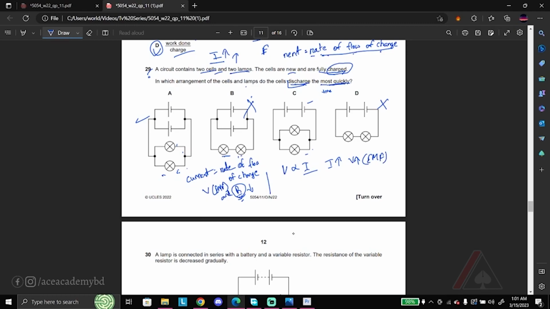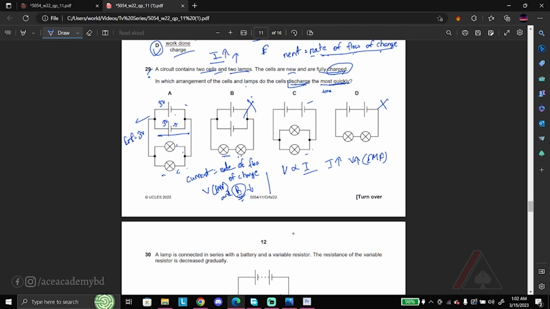Basically, we need the highest possible EMF. Let's look at these two diagrams. At A, the cells are arranged in parallel. This means that in a parallel connection of cells, only the EMF of a single cell is given out to the circuit. So if this is 3 volts and this is also 3 volts, then the total EMF of the circuit will also be just 3 volts.